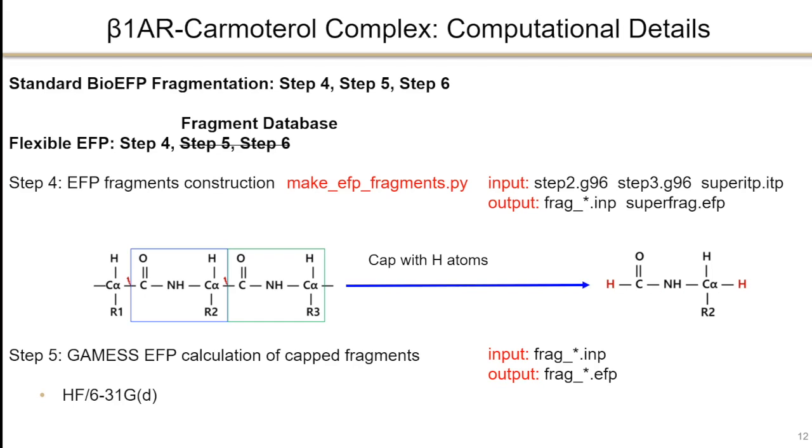You get your fragment, then you find it in a database and see how different it is. If it's not very different based on the RMSD, you can basically use that EFP file from the database. So you can play with a database, and you don't have to calculate EFP fragment files if you have access to them.